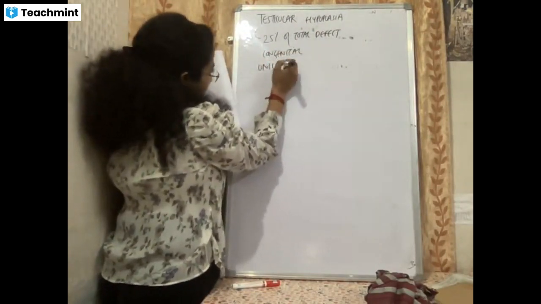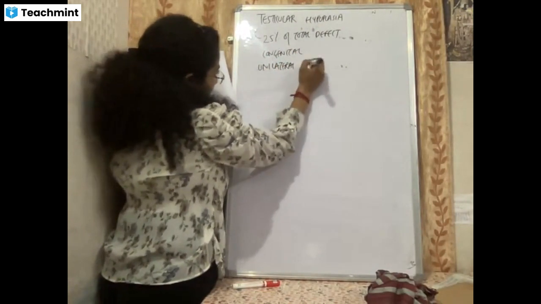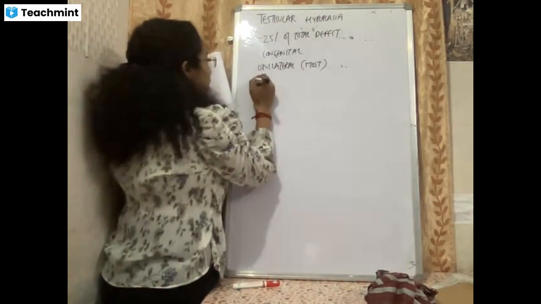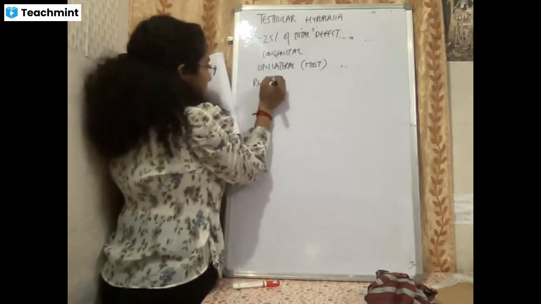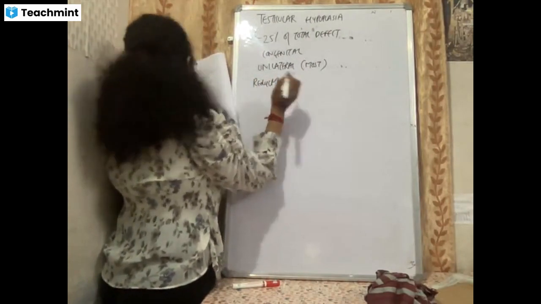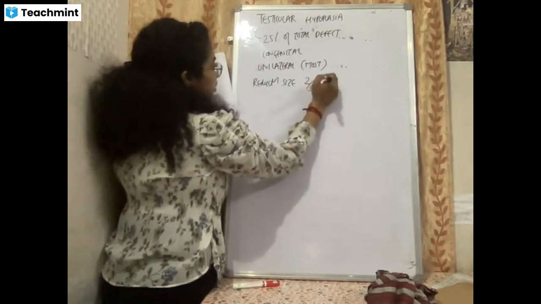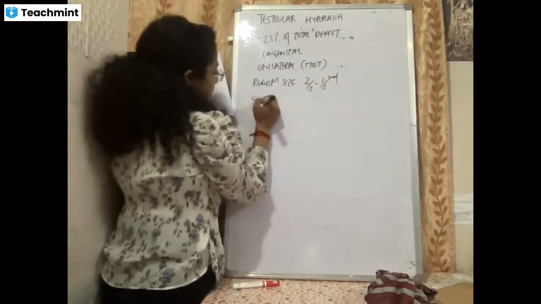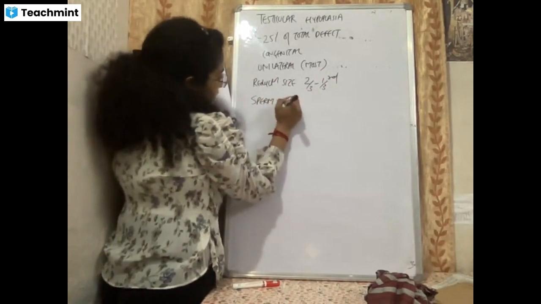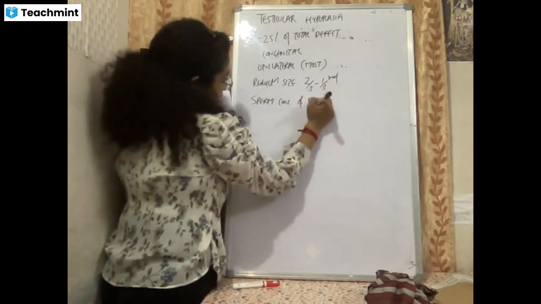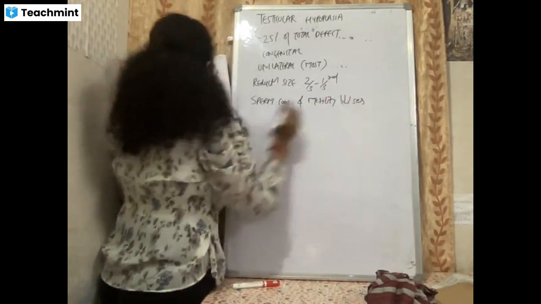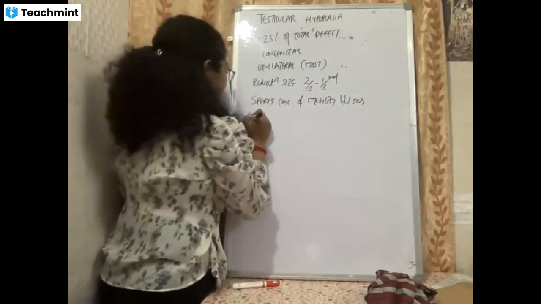In most of the cases it is unilateral, and the reduction in size is 2/3 to 1/3. Size reduction is there. Then sperm concentration and motility decrease.